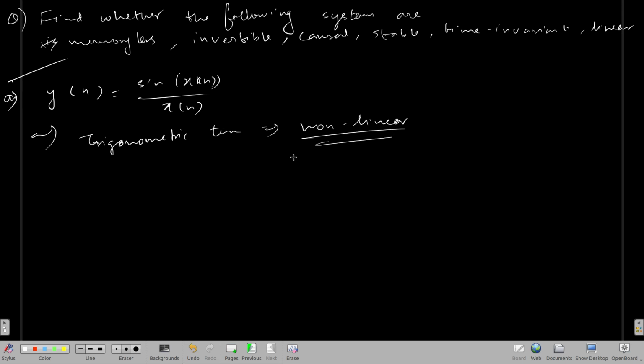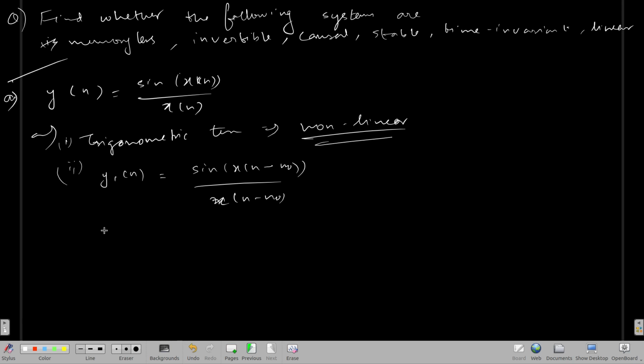So this is non-linear. Let's see for time variance. If you are giving the shift in the input, it will be something like this, right?